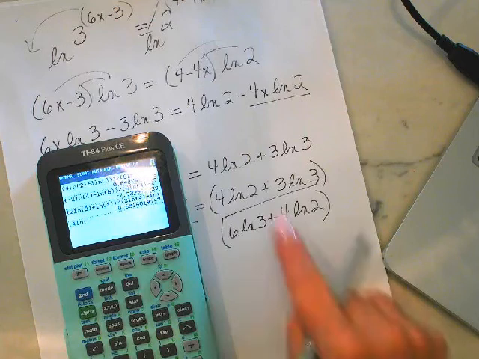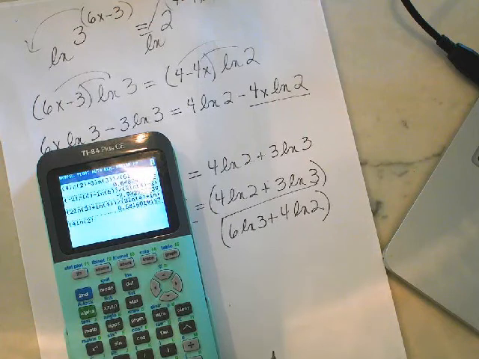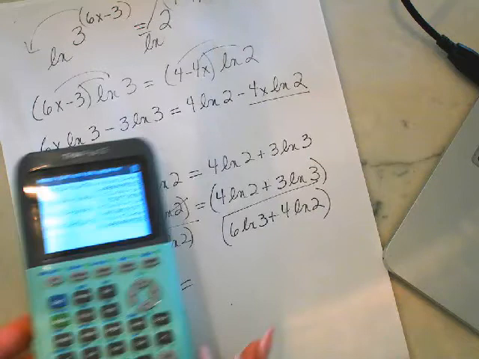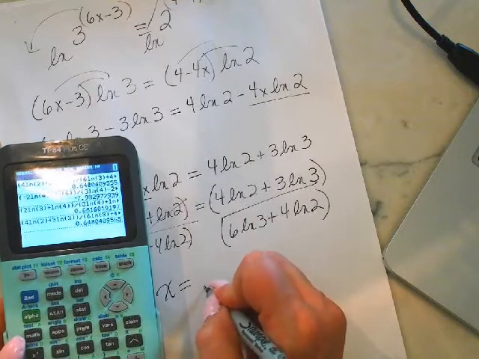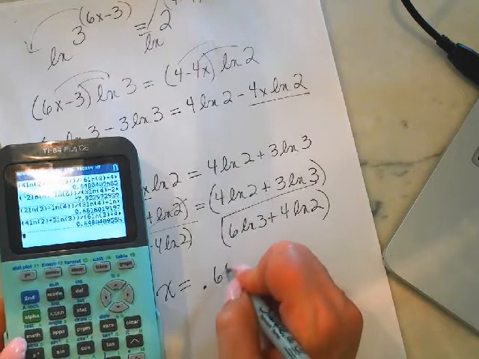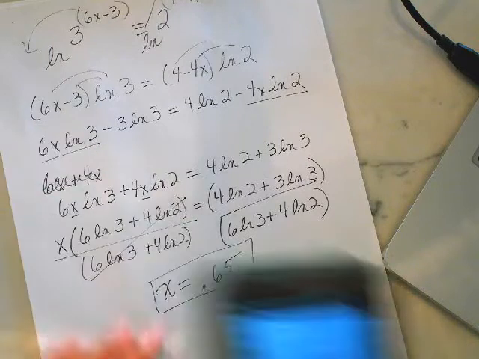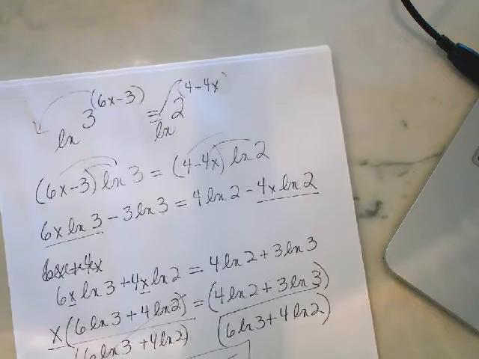I have parentheses, 4 ln 2, close off that parenthesis, plus 3 ln 3, close off that parenthesis and close the whole numerator parentheses off, divided by parentheses 6 ln 3, close off the parentheses for the ln, plus 4 ln 2, parentheses, and this is to the nearest hundredth, which is 2 decimal places, 0.65. And again, I encourage you to go back and check it.